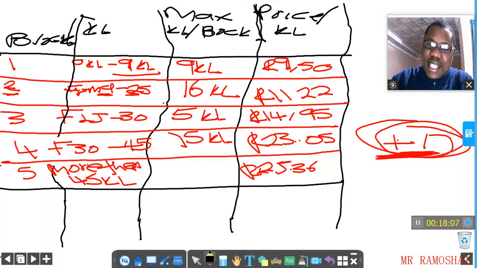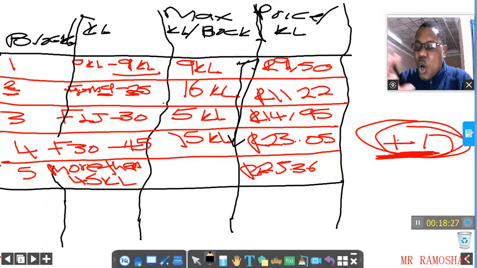So this block takes the remaining kiloliters after 45 kiloliters have been distributed between block 1 and block 4. I repeat, this block 5 is going to take all the remaining kiloliters after 45 kiloliters have been distributed between block 1 and block 4.